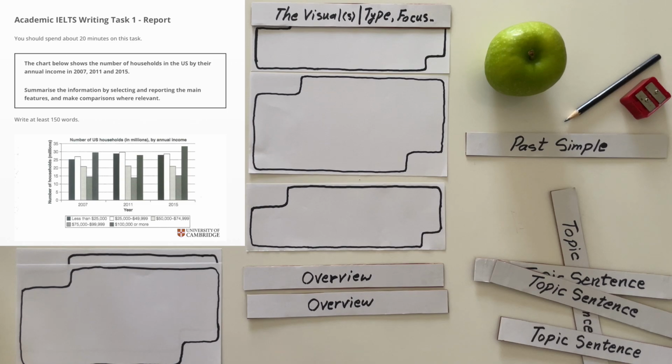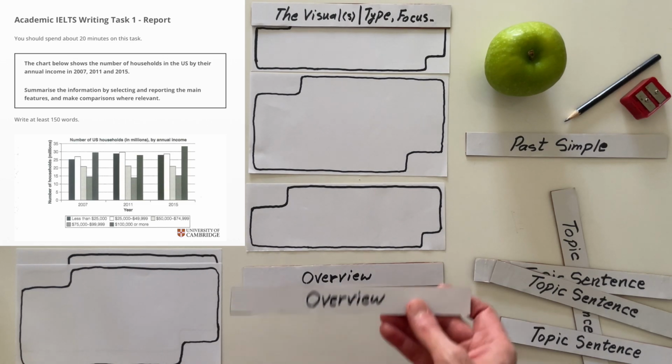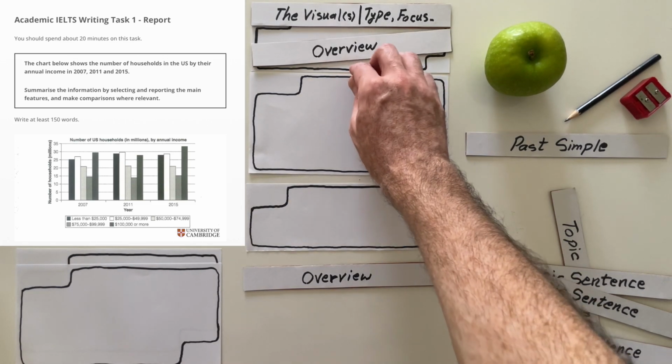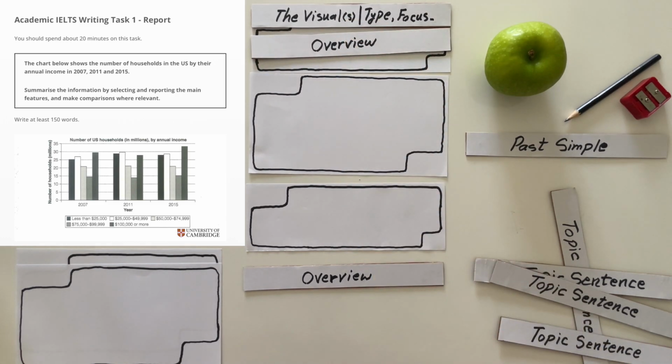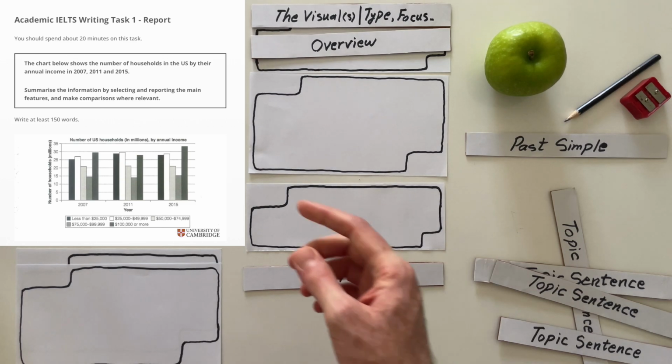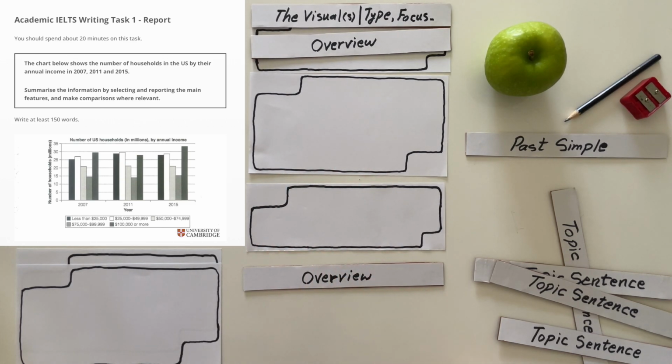And because of that, I am going to pick it as this overview. So my very first overview is going to be focusing on the 100,000 and more group, the one on the far right. And I'm going to say that in 2 years it was the highest, and it was only in 2011 that it became the third.